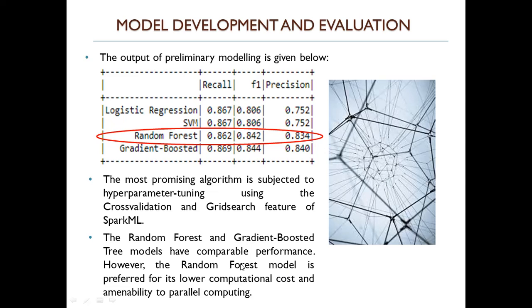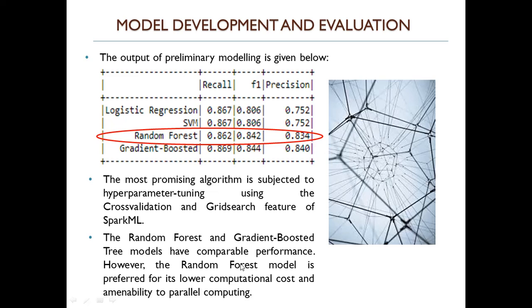However, the random forest model is preferred for its lower computational costs and it being amenable to parallel computing. At the moment, gradient boosted trees do not support parallel computing, but with the way technology is fast improving, I'm certain that will change soon.